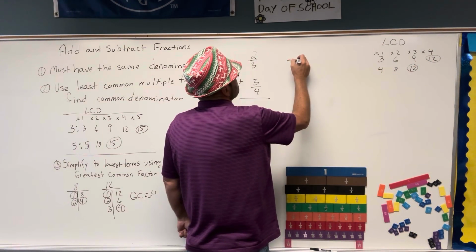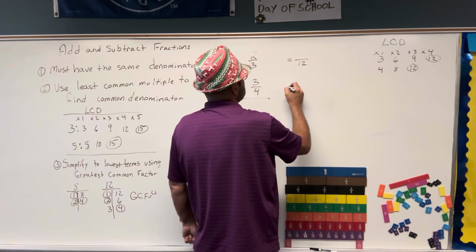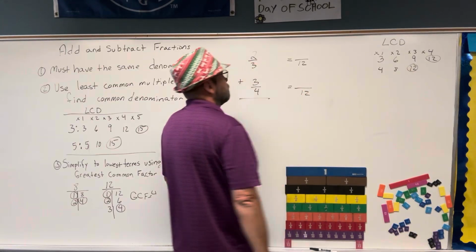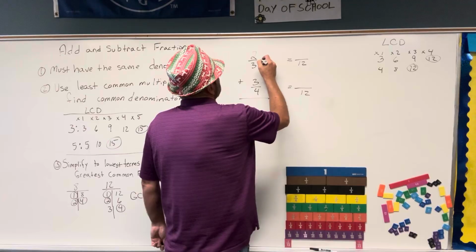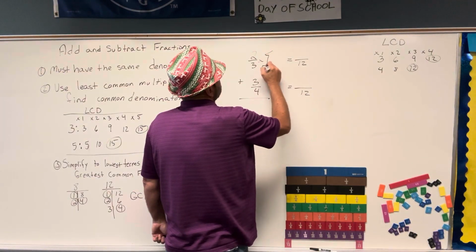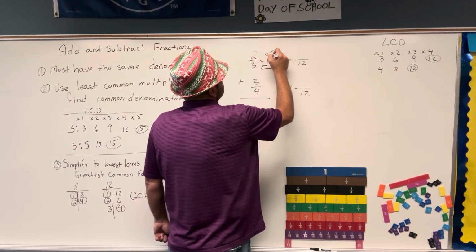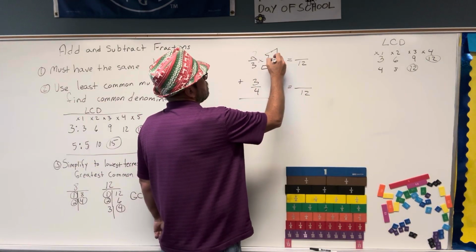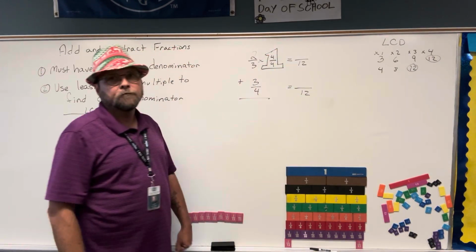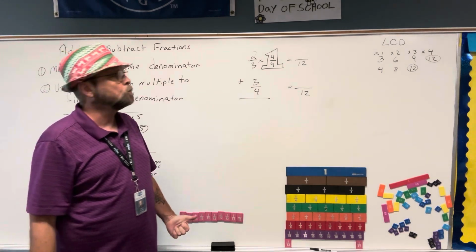So if I change these both over 12, because I need to have that common denominator, but I can't change the value. So if I multiply these by a fraction that equals 1, 3 times what is 12? Well, that's 4. So I need to multiply it by 4/4 because 4/4 equals 1.